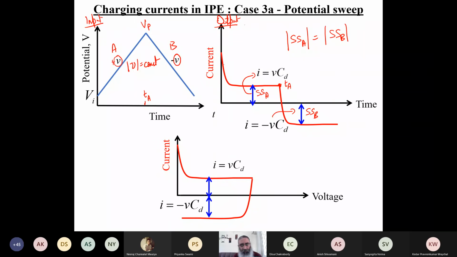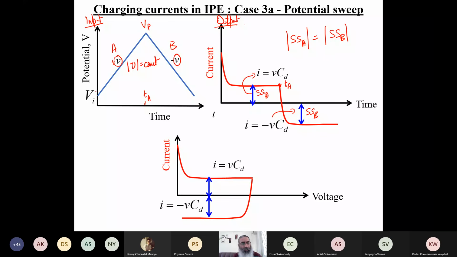So now I generate the output, the current as a function of time. Now I decide that I want to do a small trick here. I want to replace this x-axis. Instead of taking it as time, I will take it as voltage itself.